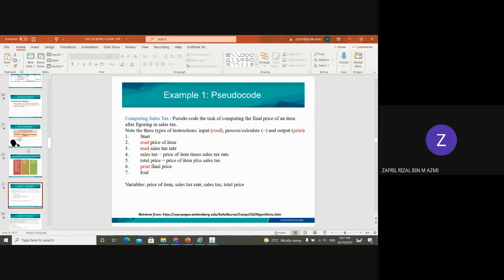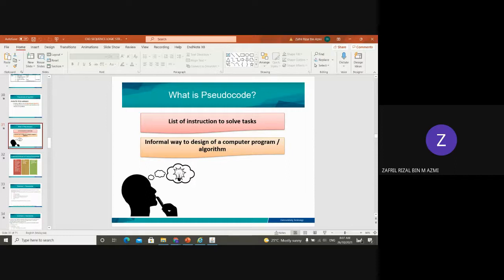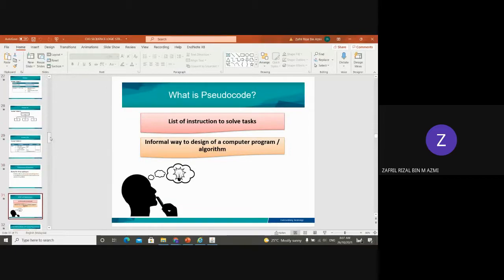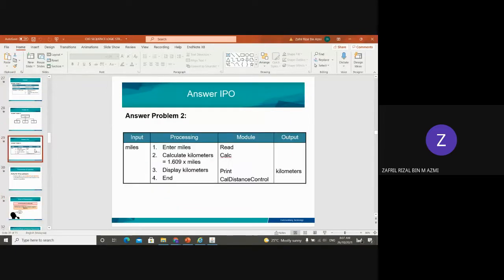Pseudocode, as you see over here, is a list of instructions to solve the task. So where do you see the list of instructions? If you still remember the IPO, where is the list of instructions in the IPO, class? Which part of the table is the list of instructions?